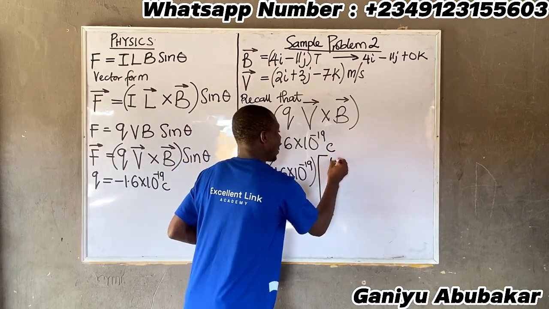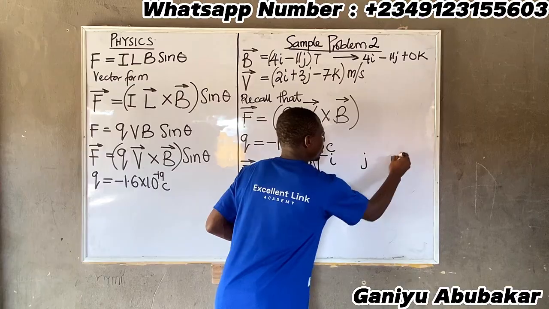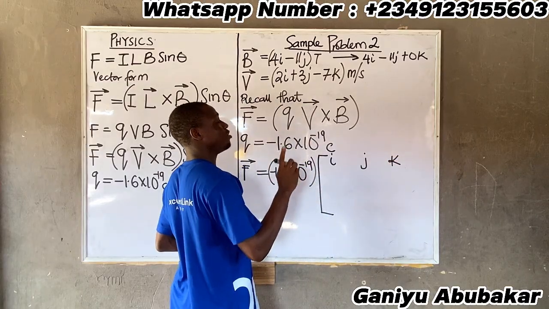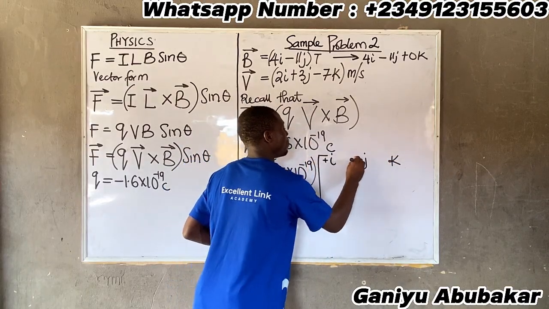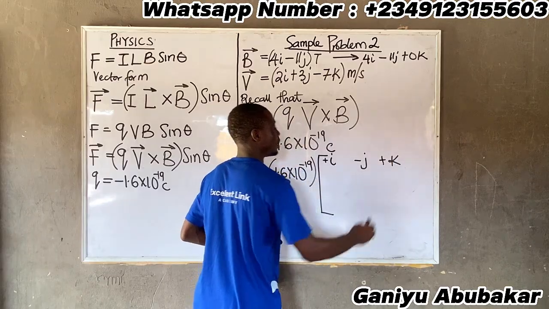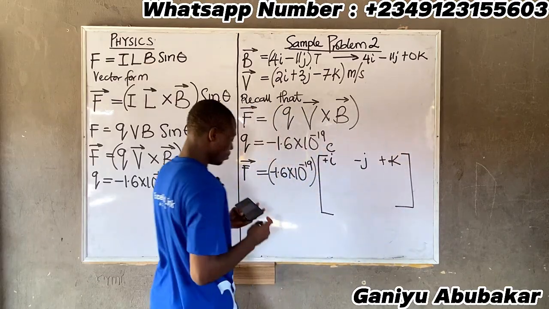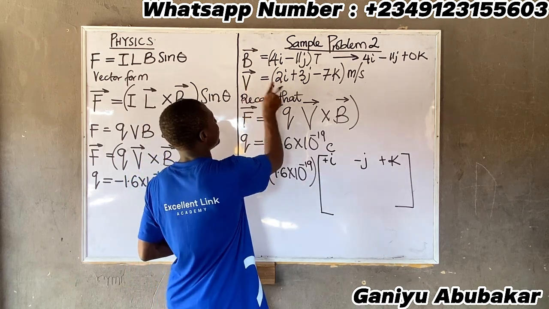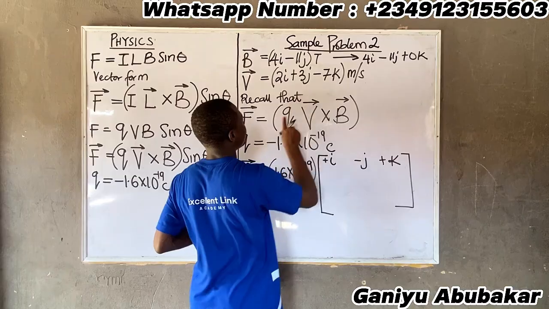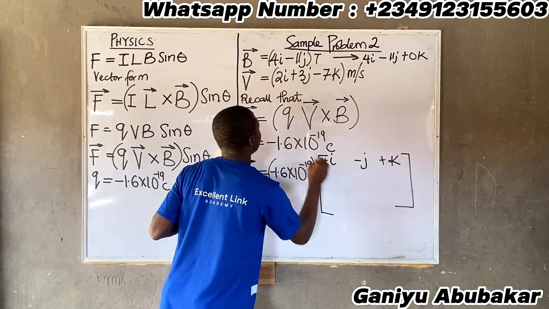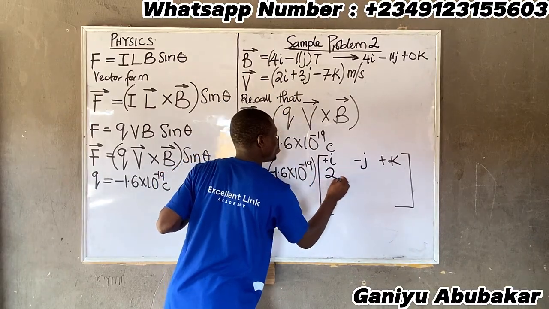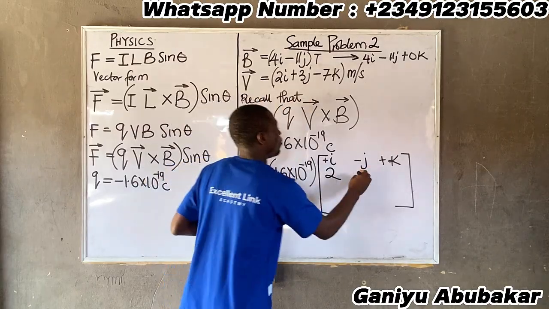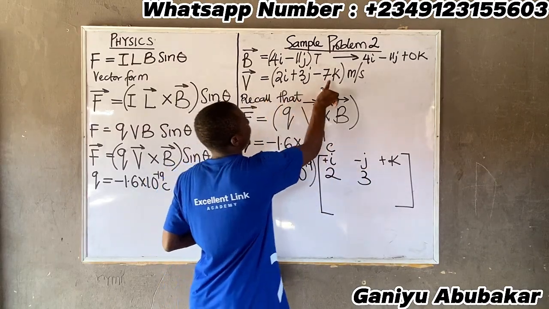So I have I, J, K. We said a matrix puts plus minus plus, as we said before now. So for my V, I have 2, 3, 7. For V, my I is 2, my J is plus 3, and my K is minus 7.